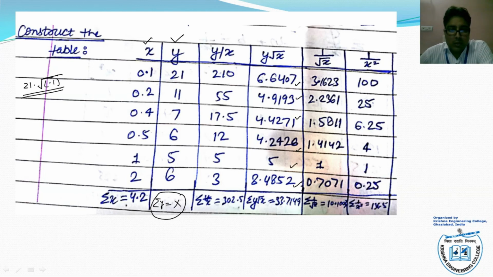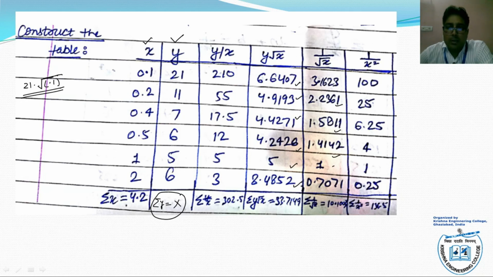Clear? So sigma y under root x is 33.7149. Now y upon under root x. 1 upon under root 0.1 is this, 1 upon under root 0.2 is this, 1 upon under root 5.5 this, 1 upon under root 1 this. Find the summation, sigma 1 upon under root x.